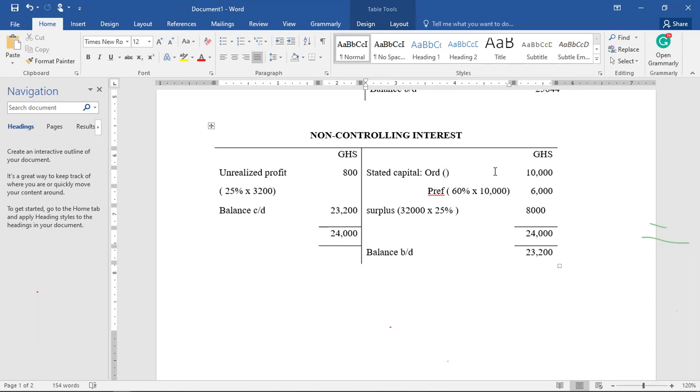The profit after tax is how much? Profit after tax of the subsidiary is how much? You wanted to see profit after tax.